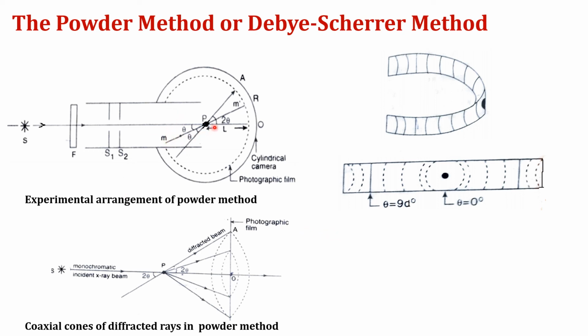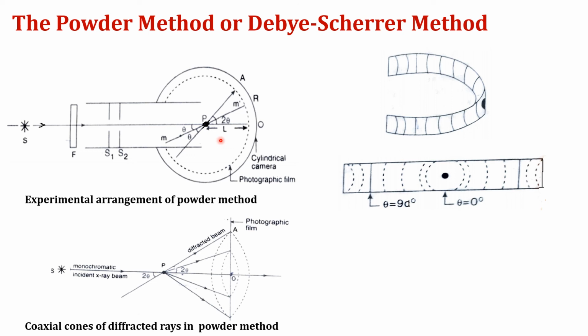Here we consider one particular set MM dash whose semi-vertical angle is 2 theta. When X-rays get diffracted from that plane, the diffracted X-rays strike at the point A. The point A is at a distance r from the center point O, and therefore we find the arc of this cone which appears on that photographic film.